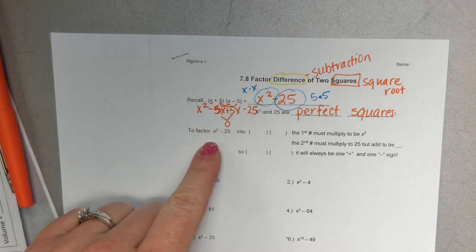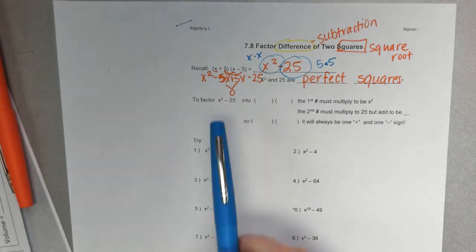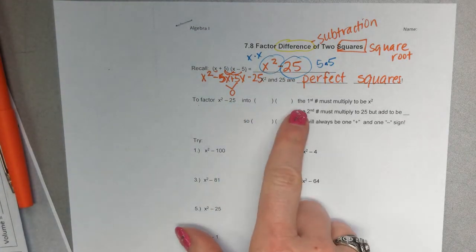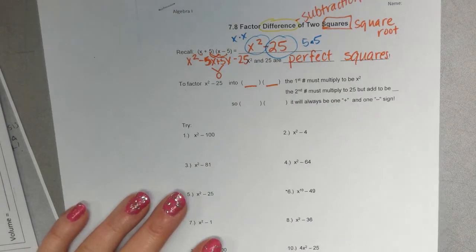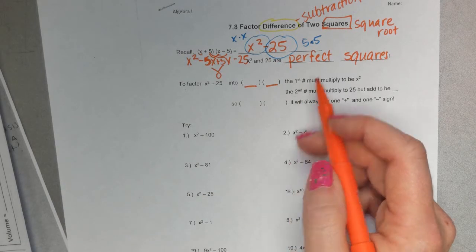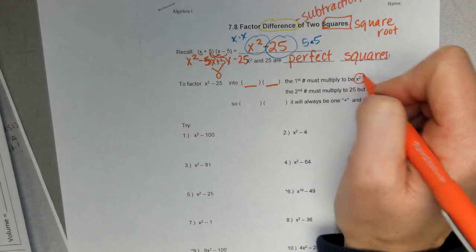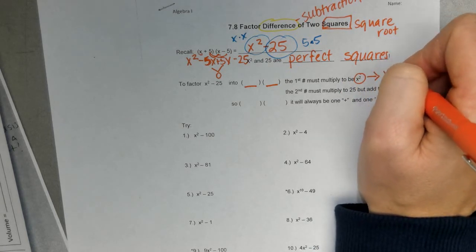So when we want to talk about factoring, which is what we've been doing here, we're going to factor x squared and a negative 25 into two parentheses, one term and two terms. The first term must multiply to be x squared. What multiplies to be x squared? X times x.